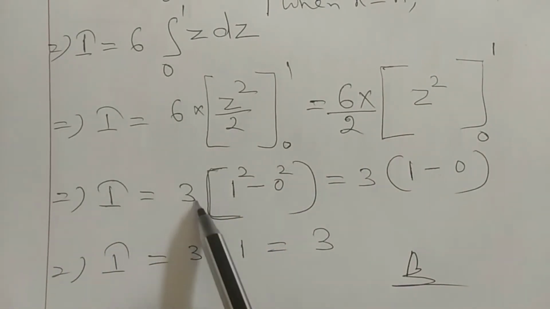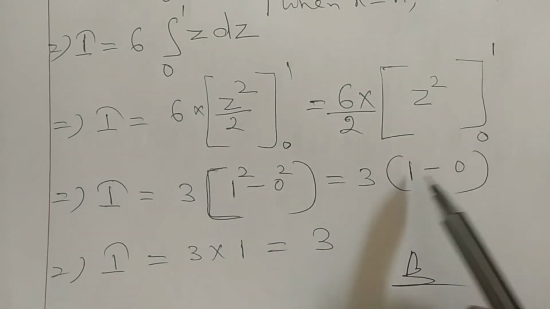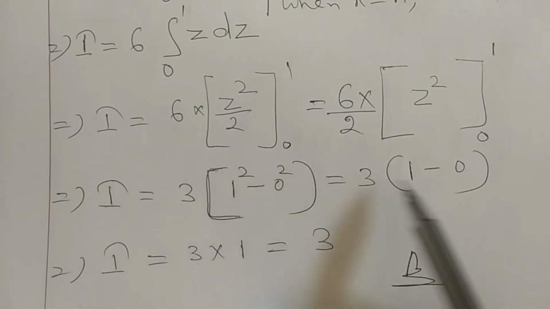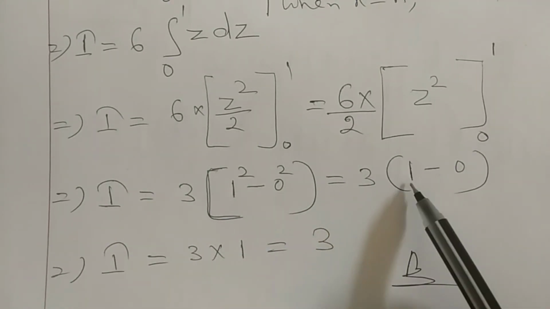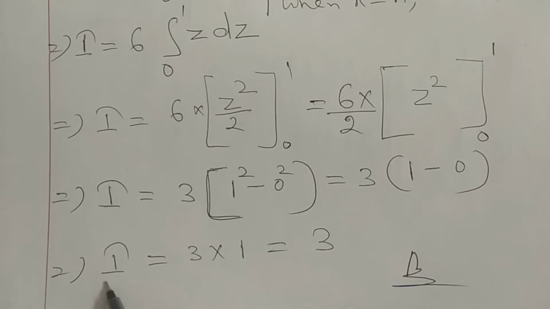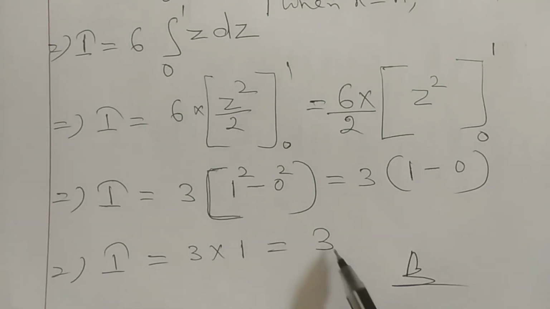So I is equal to 3 times (1 square minus 0 square), that is 3 times (1 minus 0), since 1 square is 1 and 0 square is 0. So I is equal to 3 times 1, and that is equal to 3.